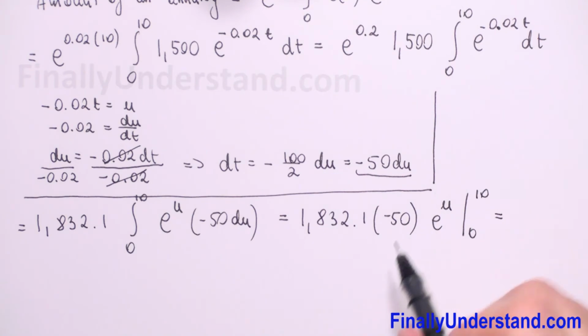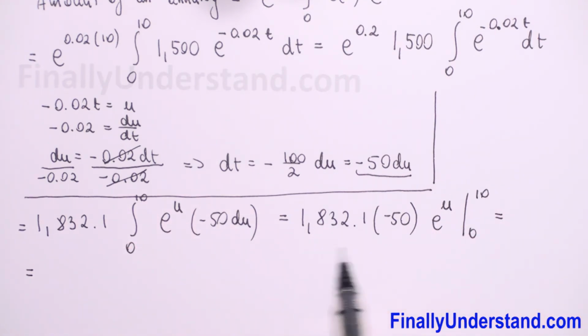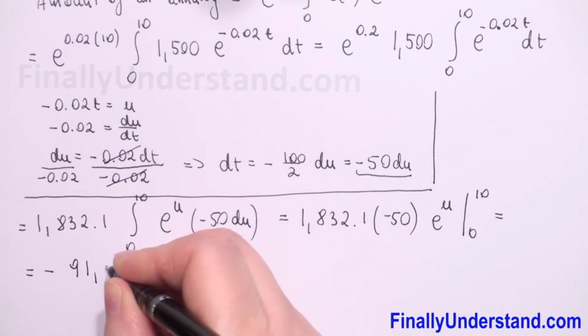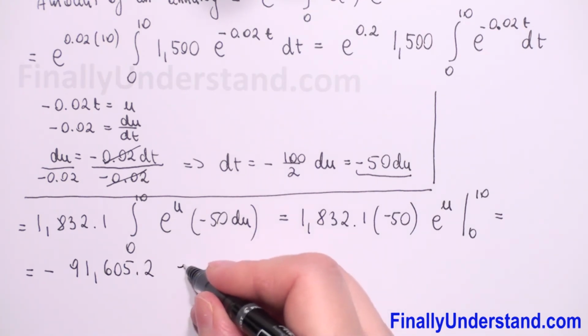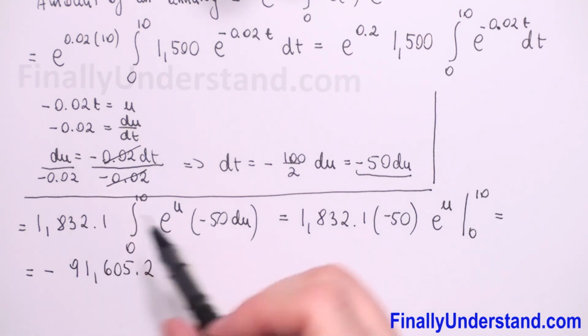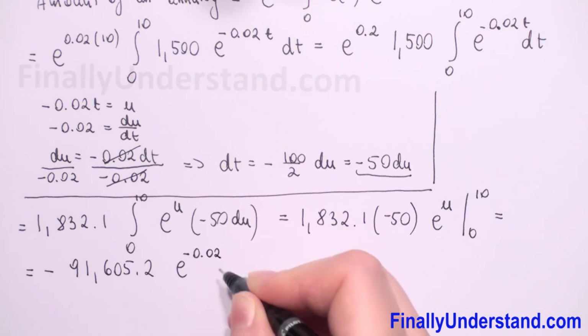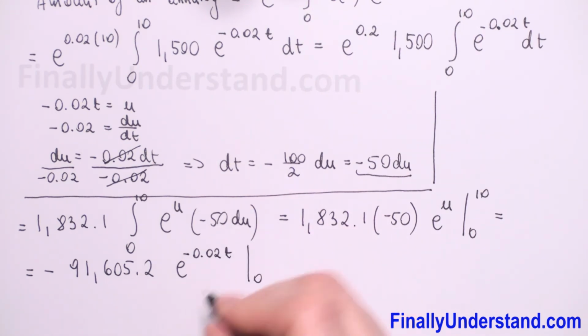Now we have to come back to our substitution. Positive times negative gives me negative times 50, so this is equal to negative 91,605.2 approximately. And we will have e to the power u, which is negative 0.02 t, with limits from 0 to 10.